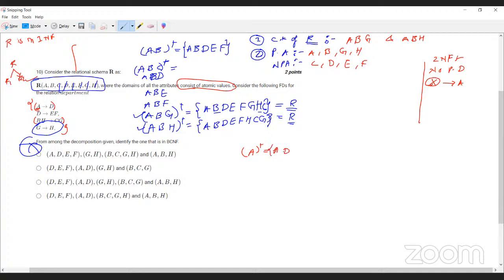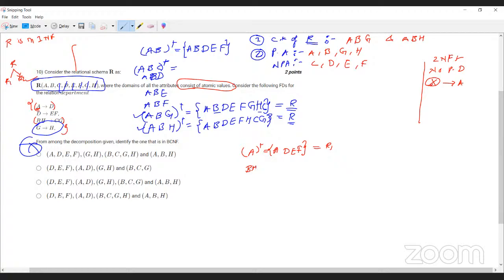Now if I take the closure of A, what I will get? A, D, right? From D, I will get E, F, right? Any other possibility? No. So I will make this ADEF a relation R1. Let us check for BH also.